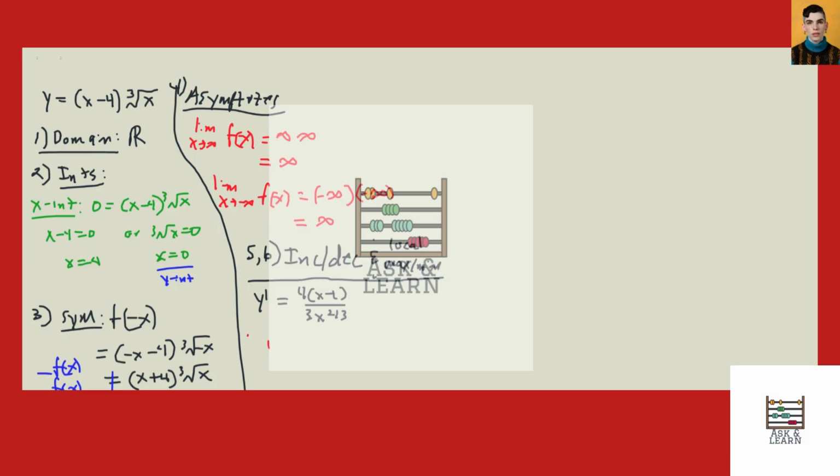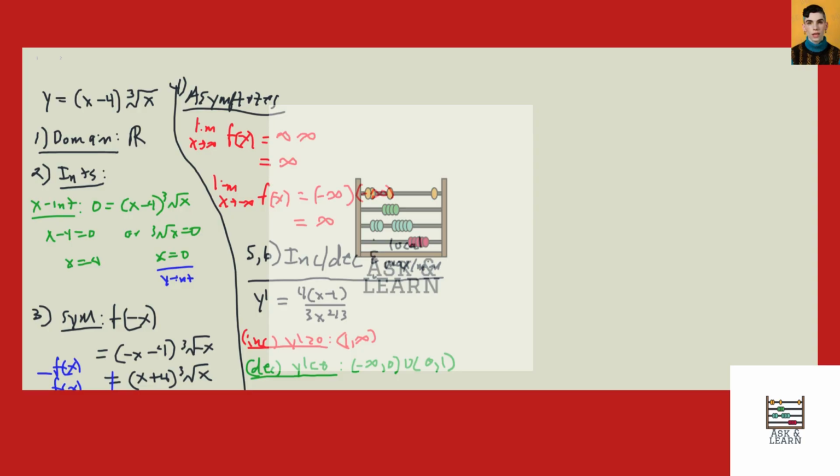It will be increasing when y prime is strictly larger than 0, so that's going to be the interval 1 to infinity. And this function is going to be decreasing when y prime is strictly less than 0, which is going to be negative infinity to 0, union 0 to 1.